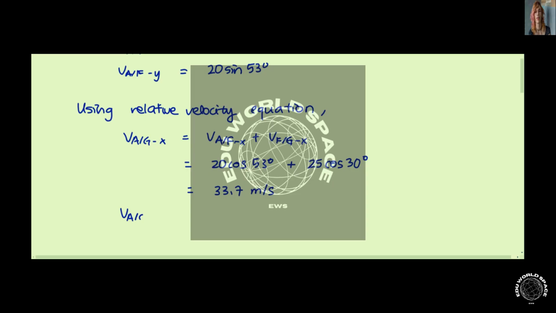And then for the y component, we have 20 sine 53 degrees plus 0, and we get 16.0 meters per second.